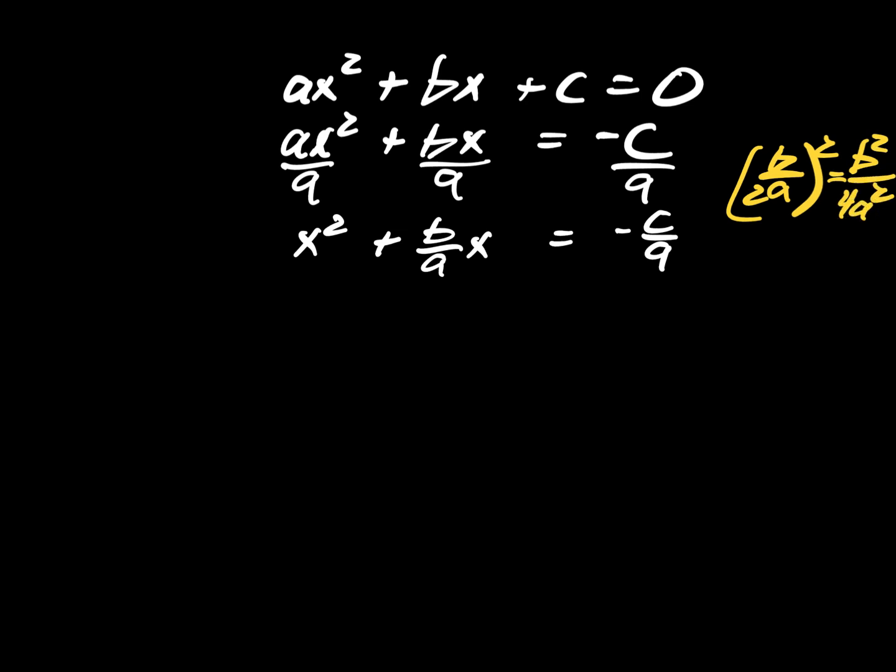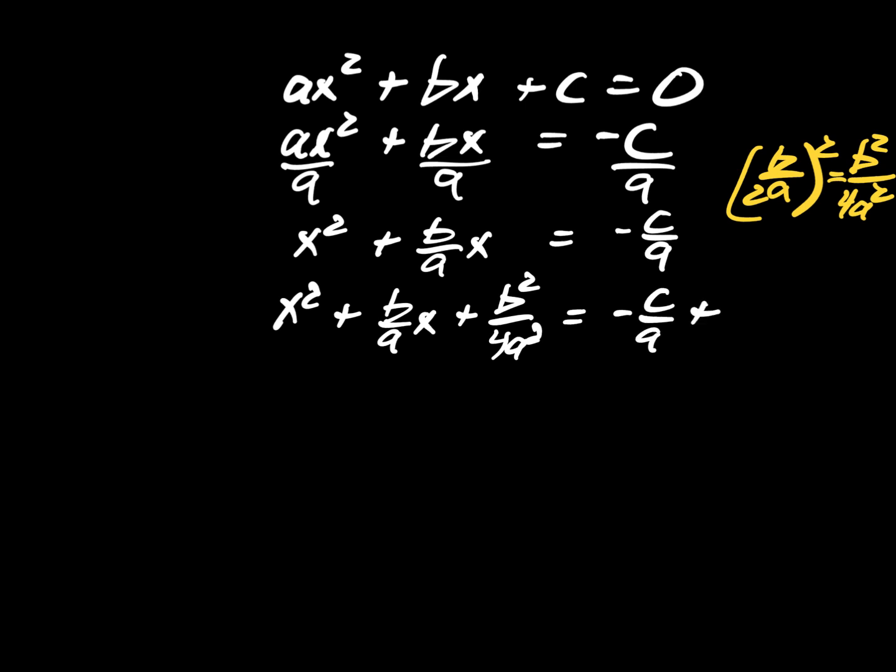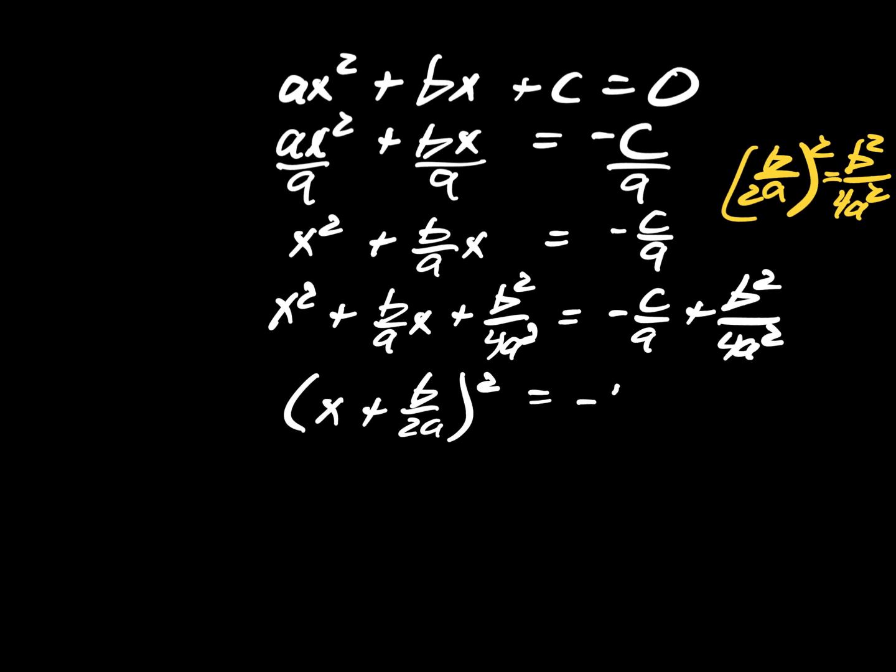And you might be thinking, I know what's going to happen here. You get x squared plus b over a x plus b squared over 4a squared equals negative c over a plus b squared over 4a squared. Factoring this, you get x plus b over 2a squared is equal to, finding a common denominator, you get negative 4ac plus b squared all over 4a squared.